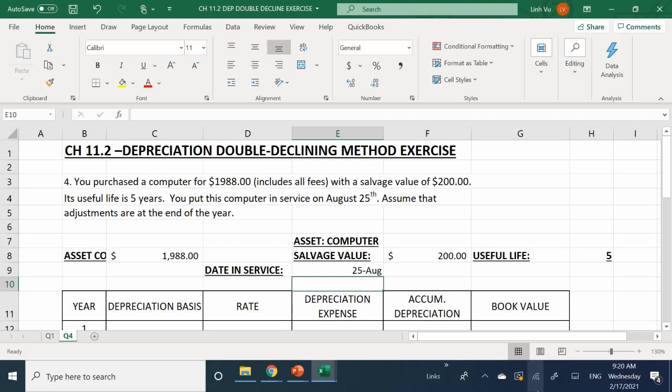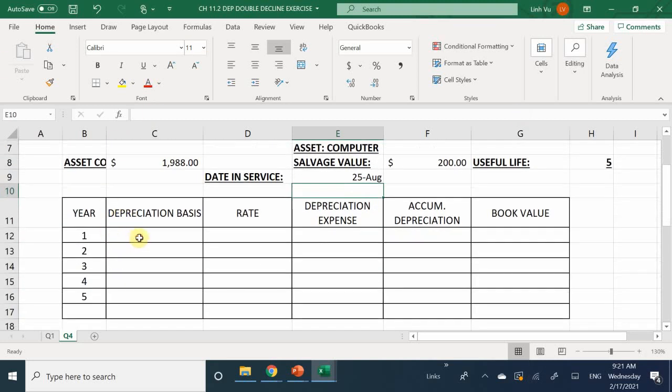And because we're assuming that we're doing depreciation at the end of the year, how many months am I going to depreciate this asset for? 4 or 5? 4. September, October, November, and December, because we're not including August. Okay, good. So now let's go ahead and get started.